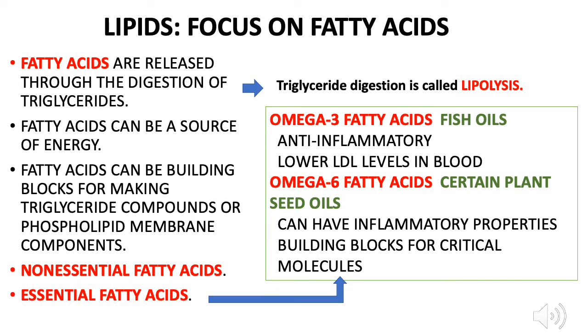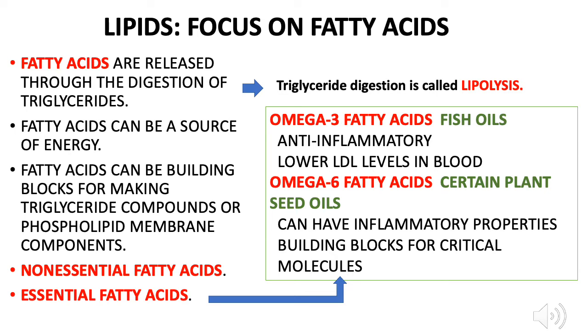When you and I consume fats or oils, we digest those fats or oils through a process called lipolysis. Lipolysis is going to involve certain enzymes that actually break the bonds between the glycerol and the fatty acids. Those fatty acids can be a source of energy.